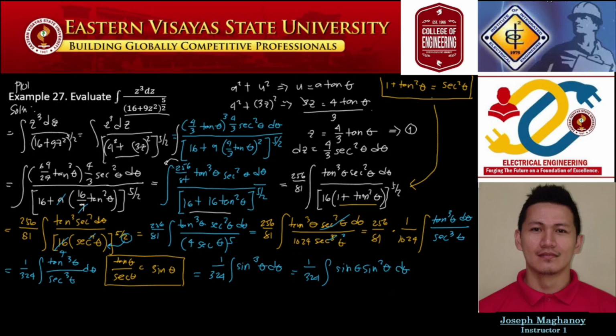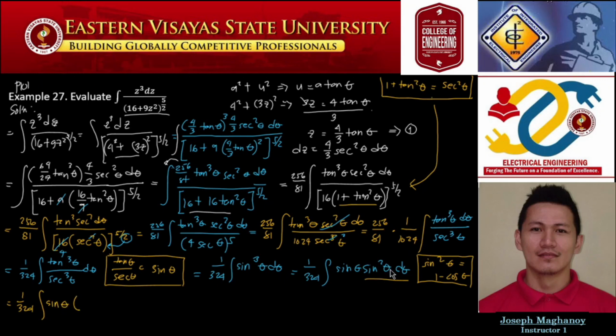So for sine squared theta, here we can use sine squared theta equal to 1 minus cosine squared theta. So we can use this identity. Okay, replacing our sine squared theta with this identity, 1 over 324 integral of sine theta.